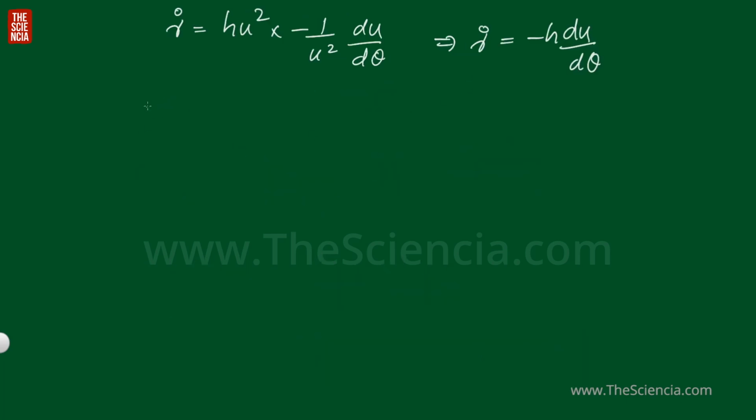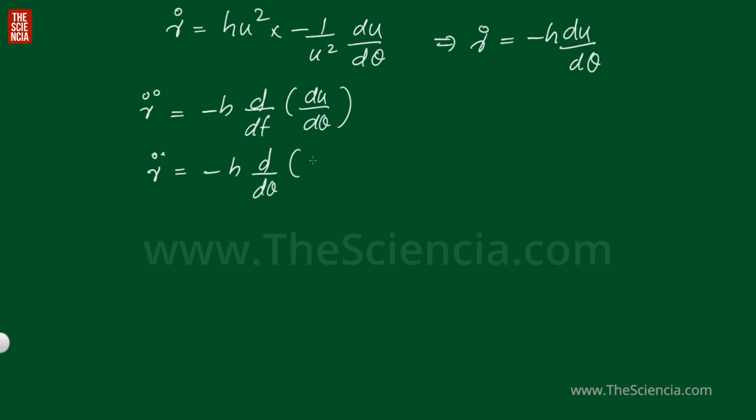Now we have to find out r double dot, that will be equal to minus h d by dt of du by d theta. Here I can change the order of differential, that is, I can rewrite this as r double dot is equal to minus h d by d theta of du by dt.